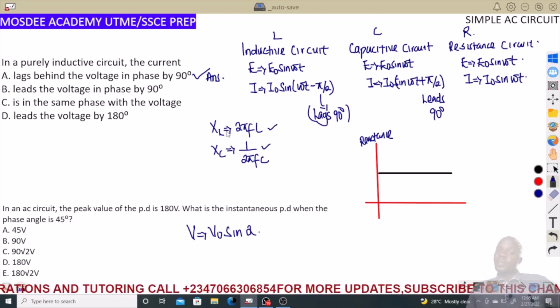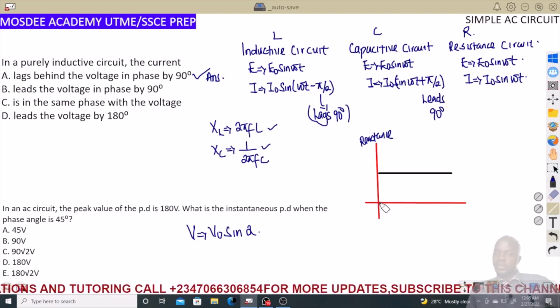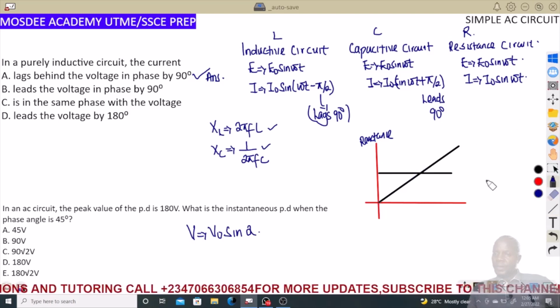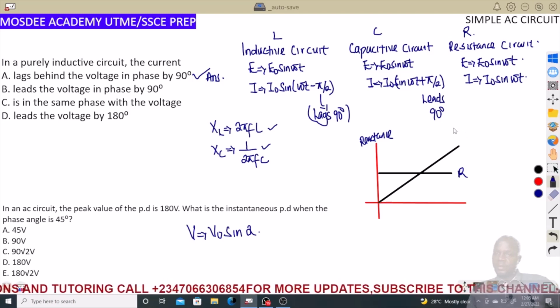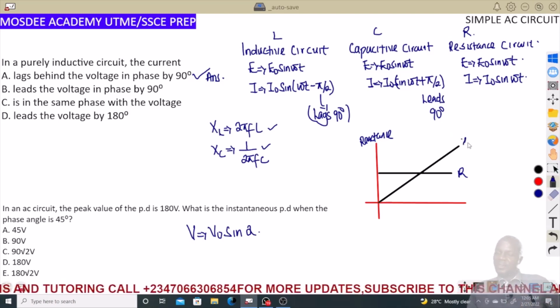And because of that, you can see that the reactance here is increasing. And because it's increasing, the graph is going to be something like an increasing graph. The reactance is increasing with frequency. So you can say this is for XL.